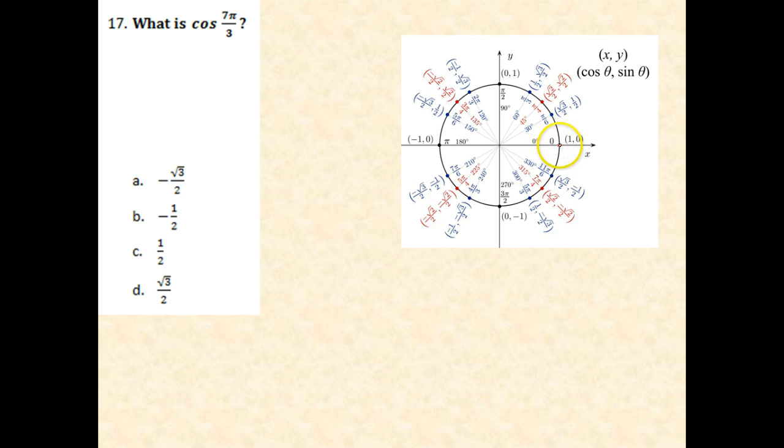So if we were to count by pi over 3's, we would go 1 pi over 3, 2 pi over 3, 3 pi over 3, 4 pi over 3, 5 pi over 3, 6 pi over 3, and then 7 pi over 3. We'd be right back at pi over 3. So what is the cosine of 7 pi over 3? The cosine is the x value of the terminal point. So the cosine is 1/2.